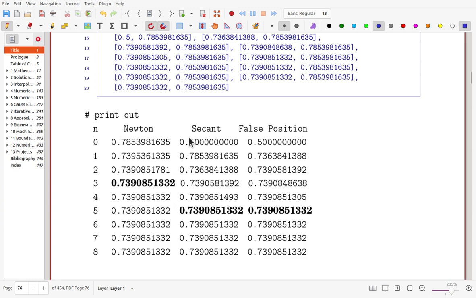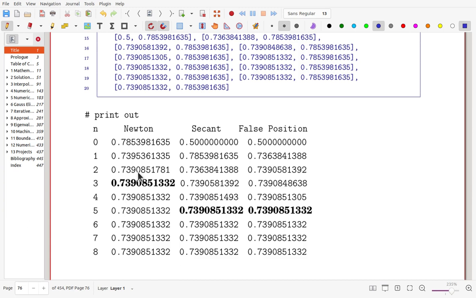For the secant method and false position method, after 5 iterations it is convergent. So it requires about twice the iterations. However, in each iteration the secant method takes about half the cost of Newton's method, so overall the computation time is more or less the same.